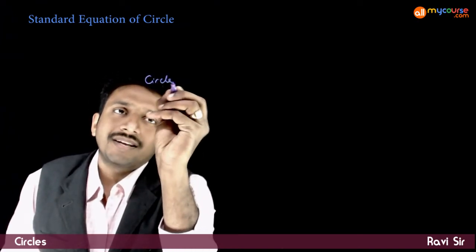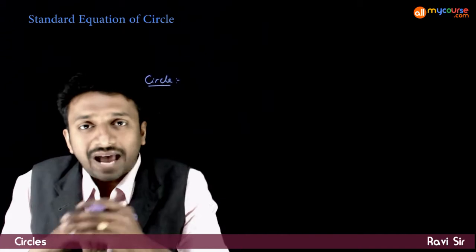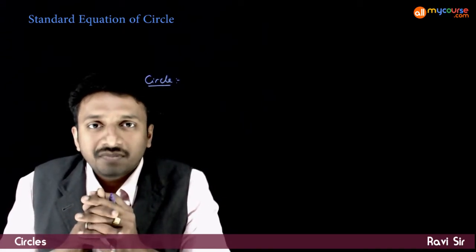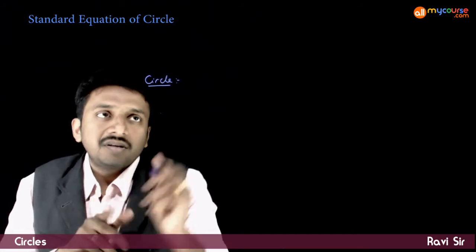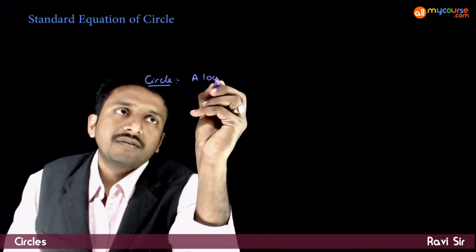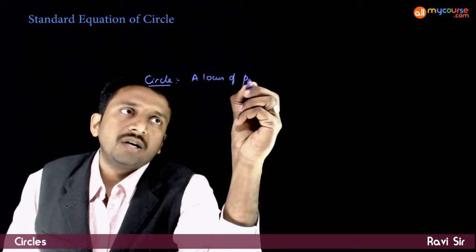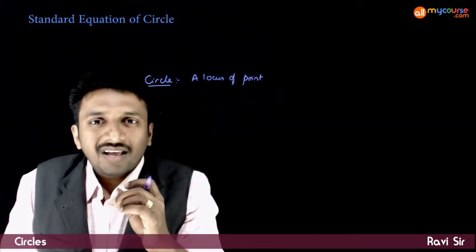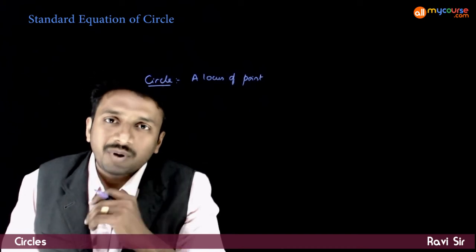All of you know what a circle is. But if you have to define a circle, what is the definition of a circle? A circle can be thought of as a locus of points which is at a constant distance from a given point.